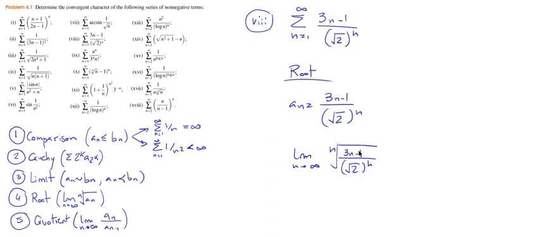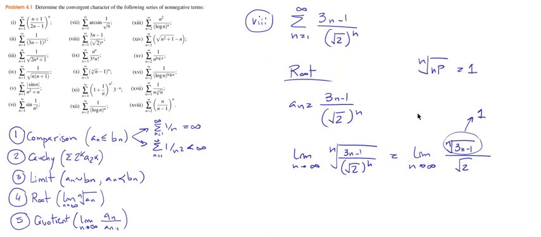Now the limit of the numerator is the limit when n goes to infinity of the nth root of 3n minus 1, divided by the square root of 2. This limit of the numerator is going to be 1, because we know that the limit of the nth root of n to the p is 1 when n goes to infinity.